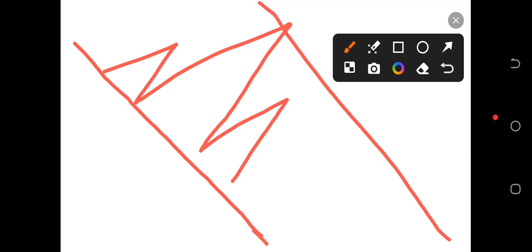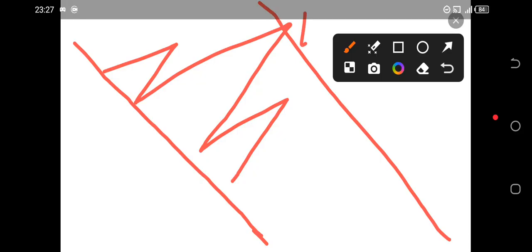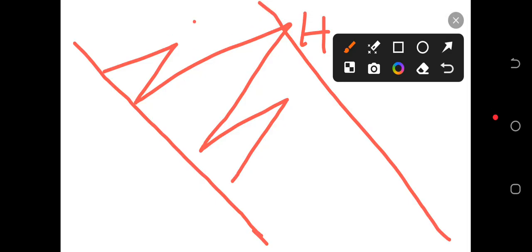Where is our head? This is our head, H. This is our left shoulder, LS, right shoulder, RS, and here is our neckline. So a breakout of this neckline like this will push the market to the downside.